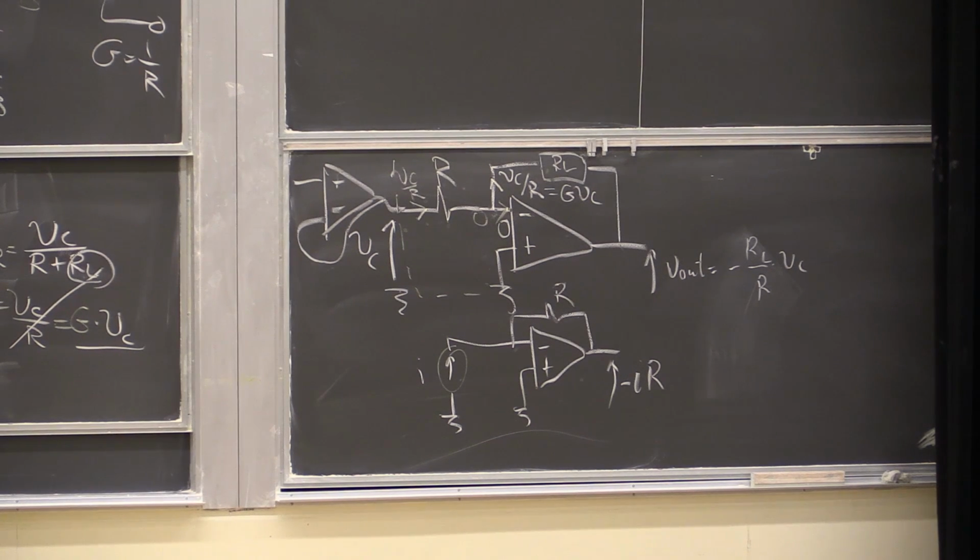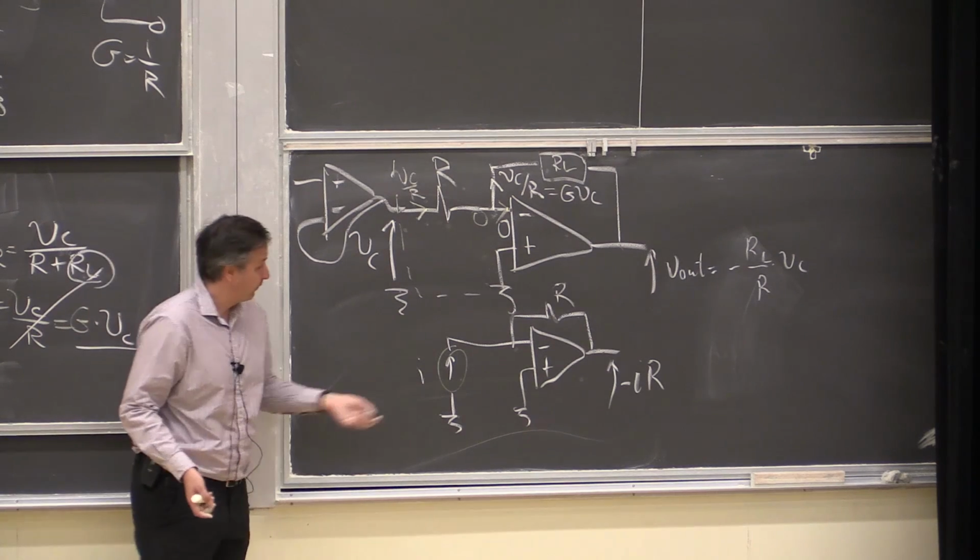Now this current can also come from some other thing. For example, last lecture we did an example where this current was actually photocurrent from the photodetector or solar cell, like you have in your homework, right? Or you did in the lab, basically the same thing, right?